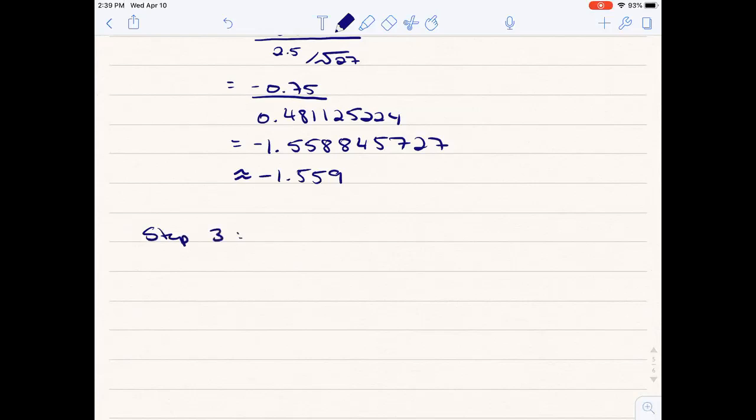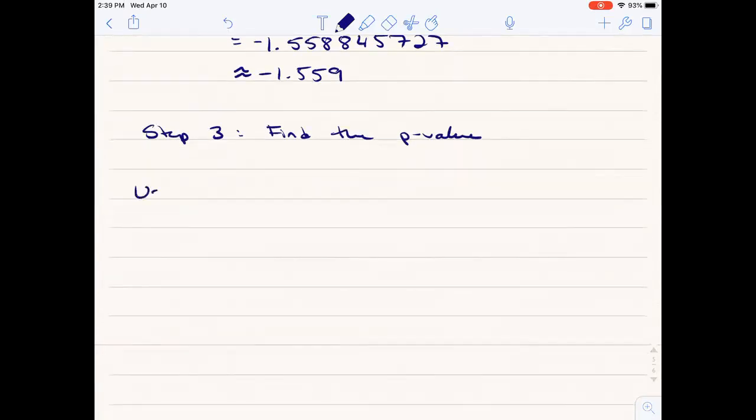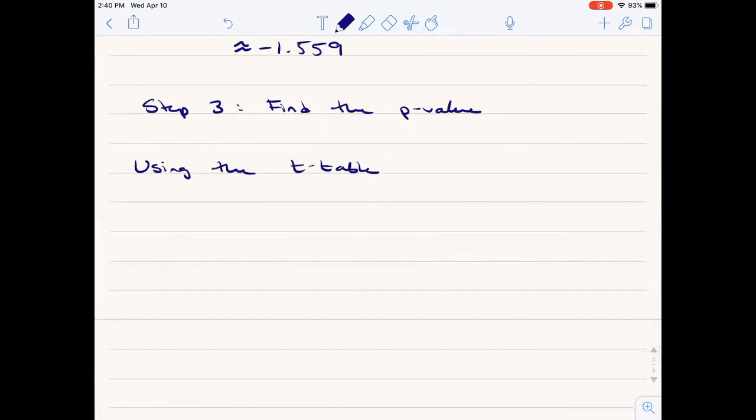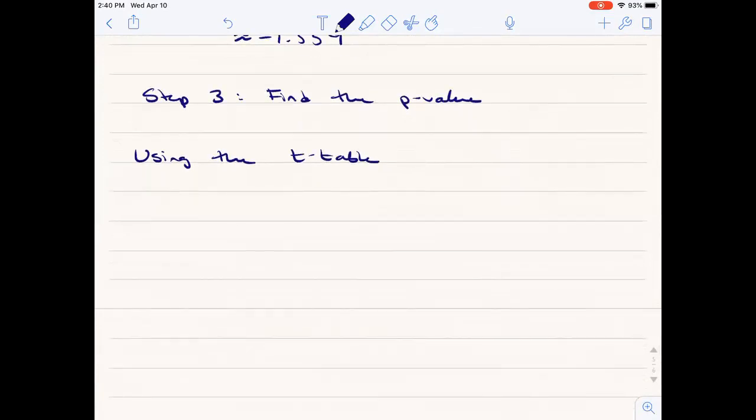Step 3, find the p-value. Using the T table, we have to have degrees of freedom, right?